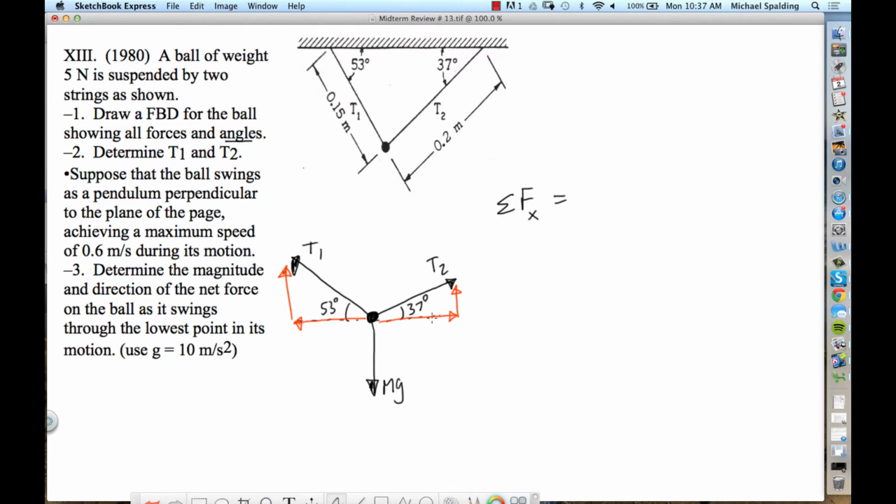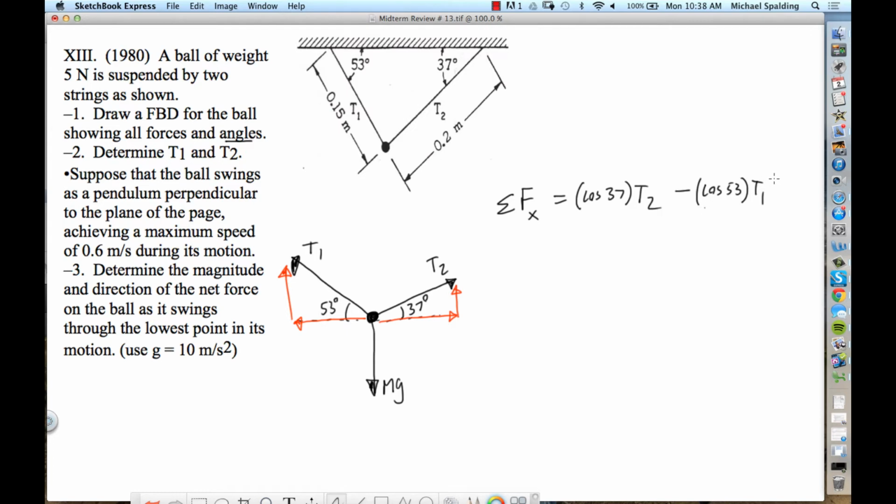So we have the X component of T2, and we have the X component of T1. Here's what this will look like. We're going to say cosine 37 T2, that's this guy, minus cosine 53 T1.